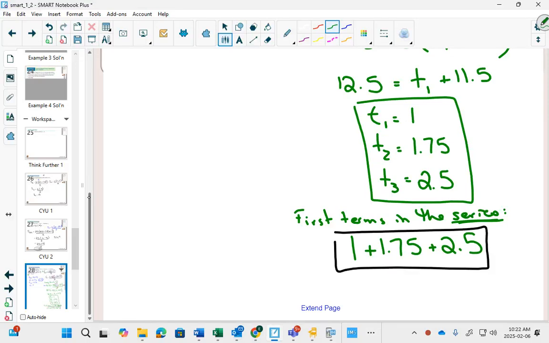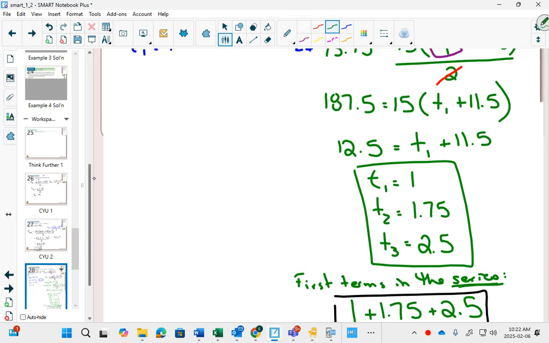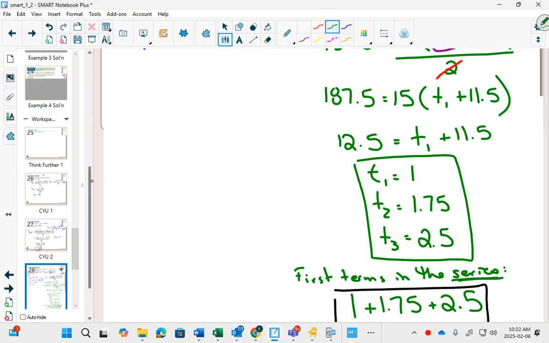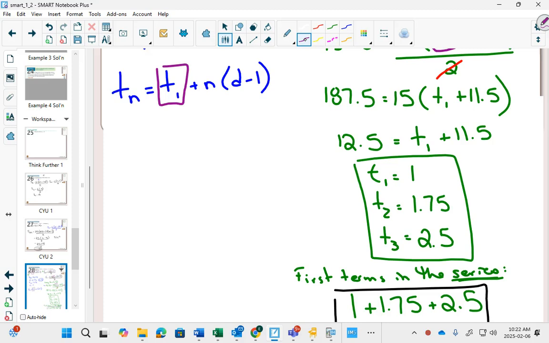Now I just want to go back and do the same thing but using, I'll do it in blue, this formula. We don't even need the sum. We want to find term 1, so again we're still trying to find this. We know term 15 was 11.5. We know that n is 15, and our d is 0.75, minus 1.